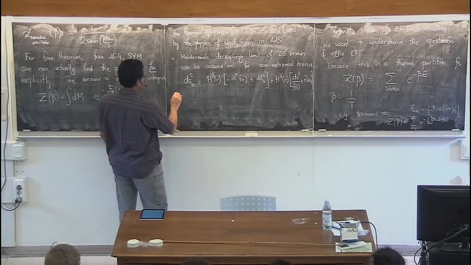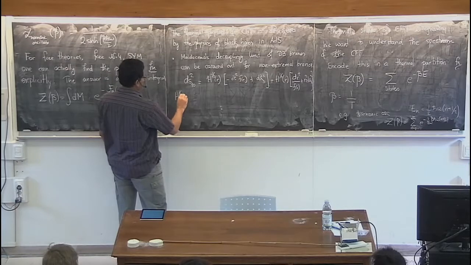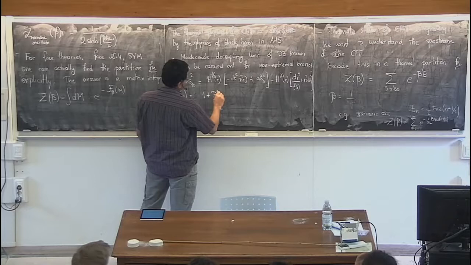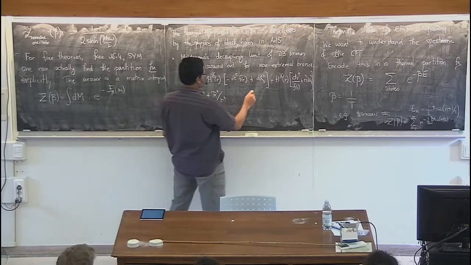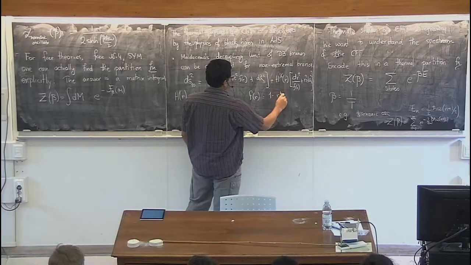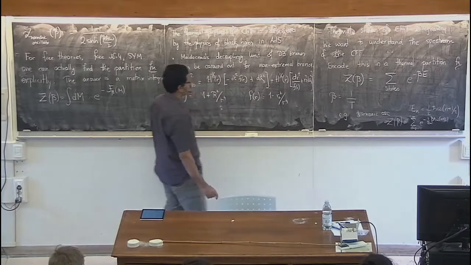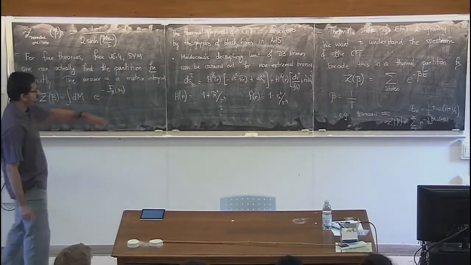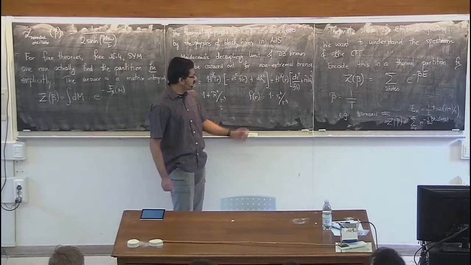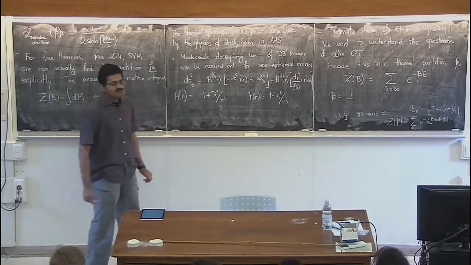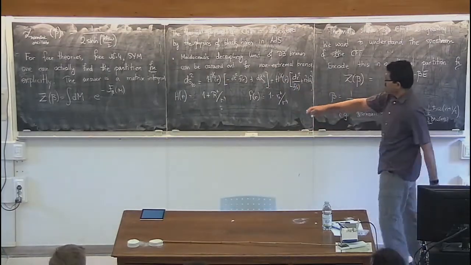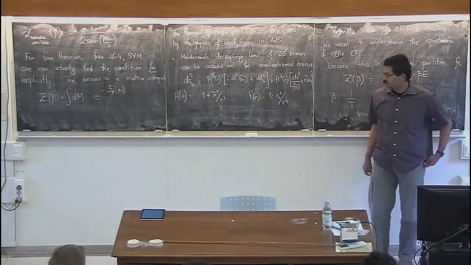Where, as I said the other day, h of r, which comes from the number of D3 branes, is given as this function, 1 plus r to the 4, or r to the 4, and this new function, which these days is called the emblackening function by some people, is just given by this Schwarzschild-like form.